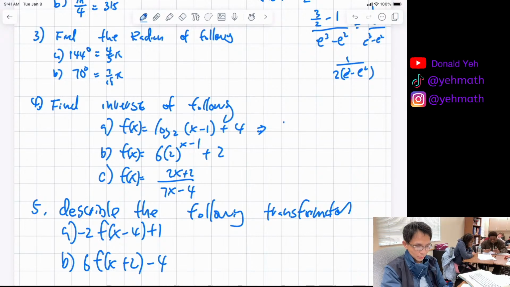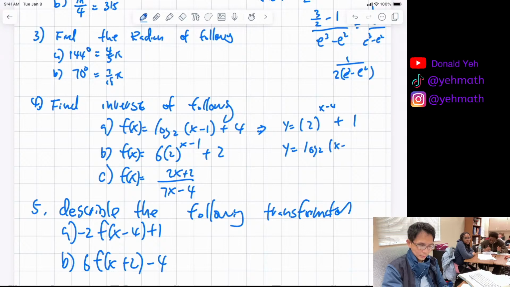Y equals 2 to the power of x minus 4, closing parentheses, and plus 1. Plus 1 like this? Does Austin agree? Okay. Austin, can you tell me this one? Log 2 of x minus 2 over 6, plus 1. Plus 1, okay.